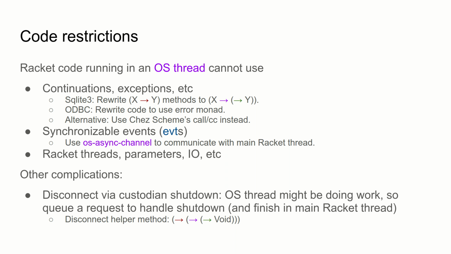This channel also handles the memory fences that are necessary when you're communicating between OS threads in a shared memory space. All right, and then there's also some complexity with disconnecting now, especially in response to a custodian shutdown. Essentially, we do part of the disconnecting in the OS thread so that we don't disconnect while the OS thread is actually doing work and using a connection.